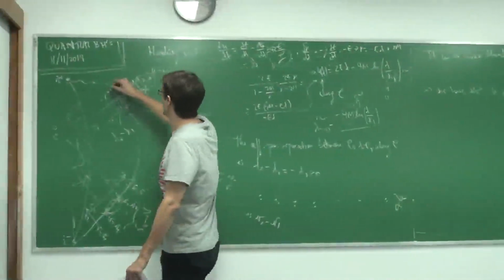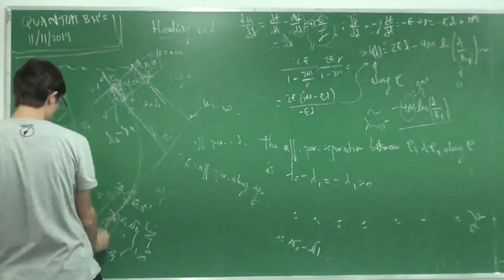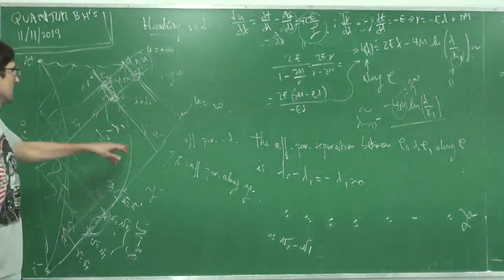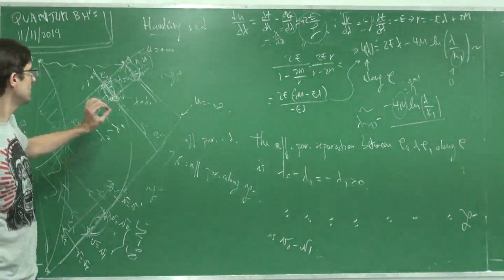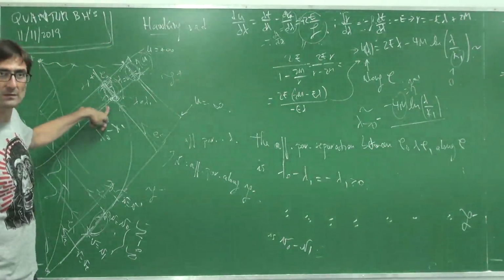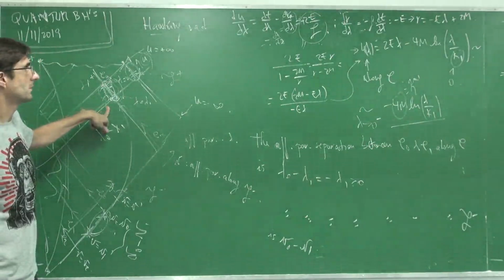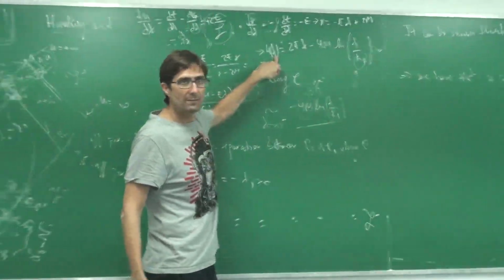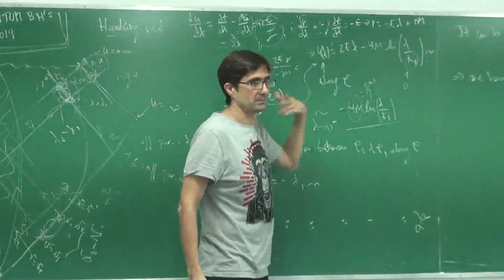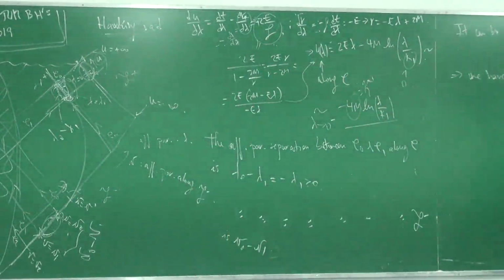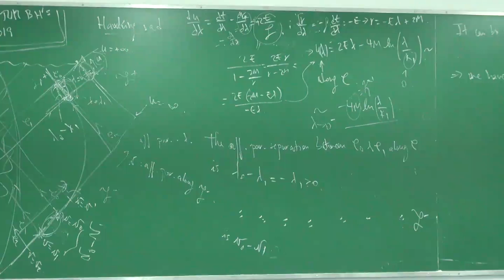So the value of U along C at the moment when C crosses C1. Okay? And that is given by the value of U when lambda is equal to lambda 1, by definition of lambda 1.